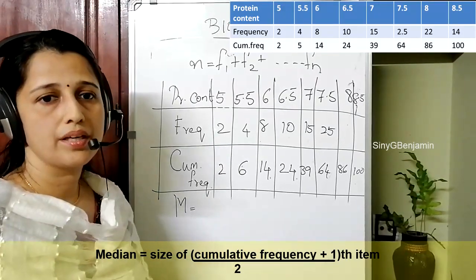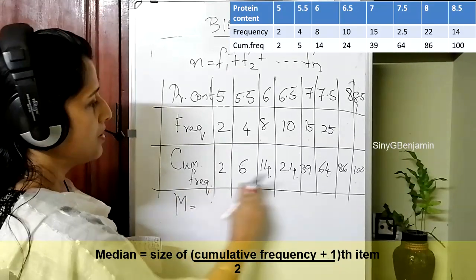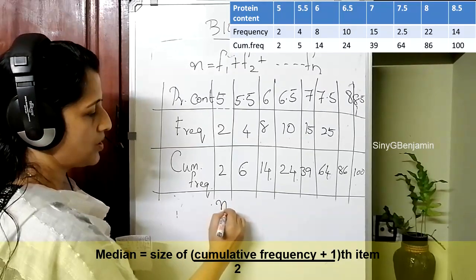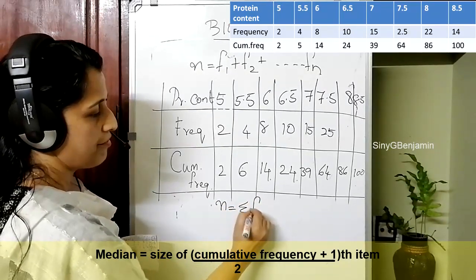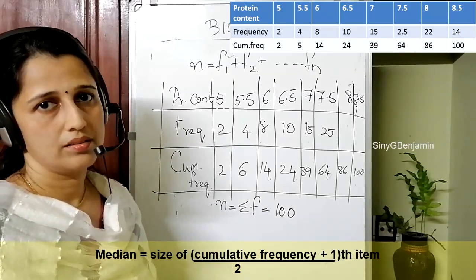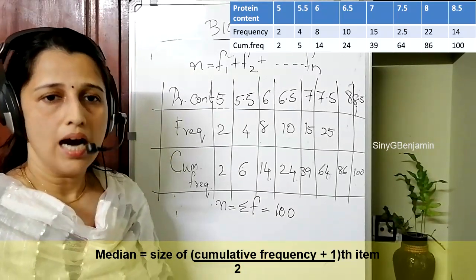The equation is shown here. As I told you, n is equal to sigma f, that is, in this question sigma f is 100. The number of observations n is equal to 100.